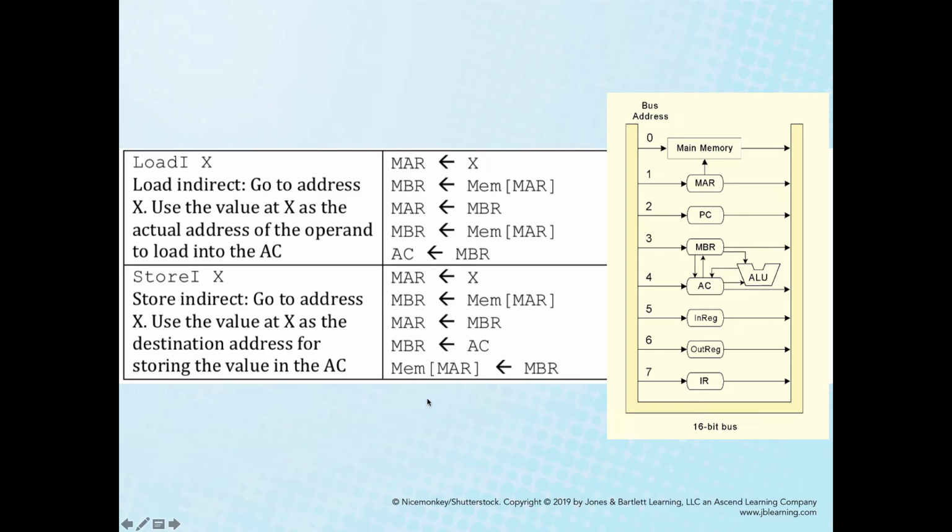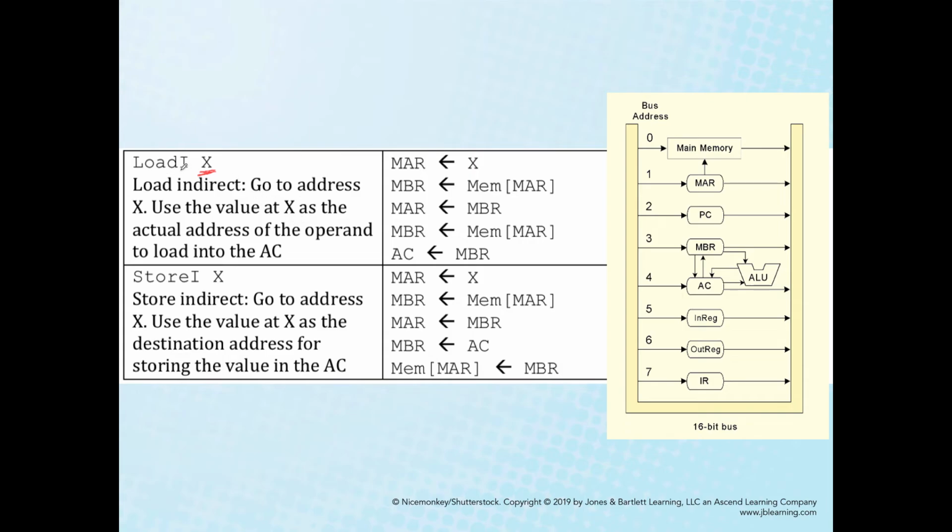Then we have two more instructions, Load I and Store I. So Load I, as the name implies, we load not directly from the X location, but X is the address of the value to be loaded.